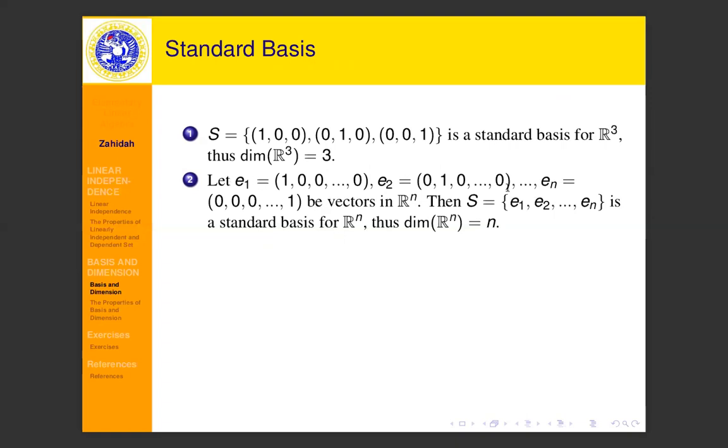Okay, we have n vectors here. So the set e1, e2, until en is the standard basis for Rn.